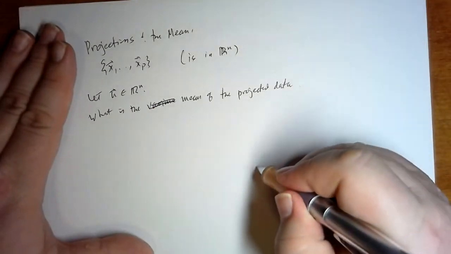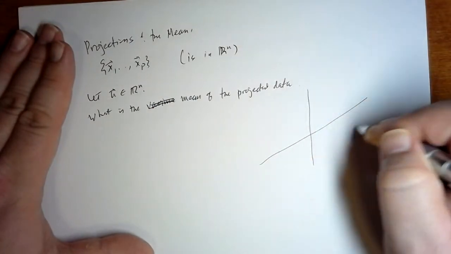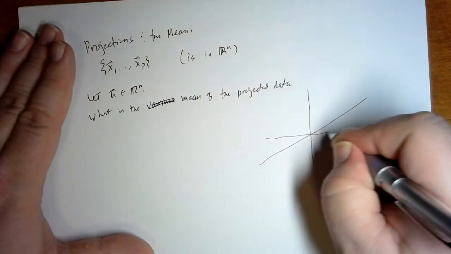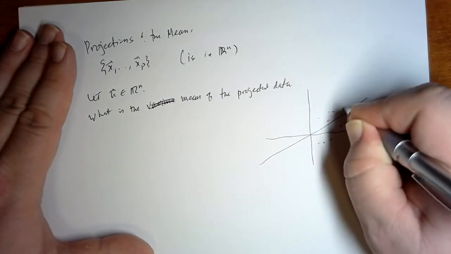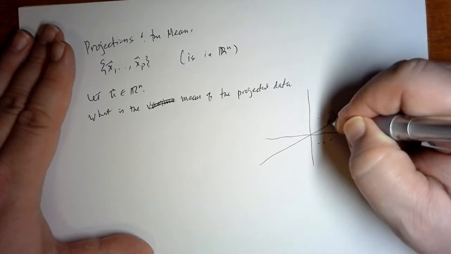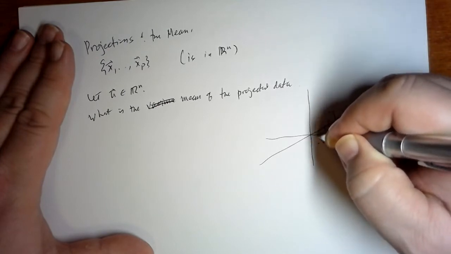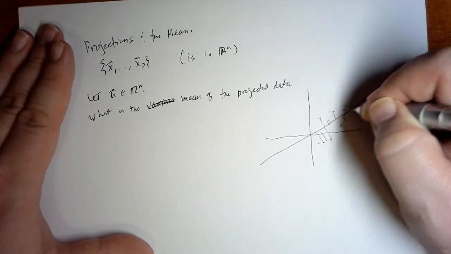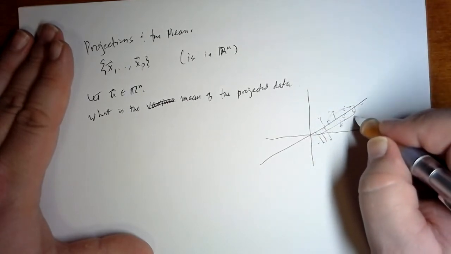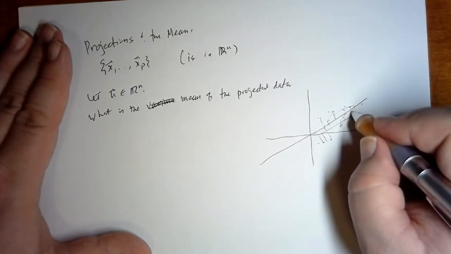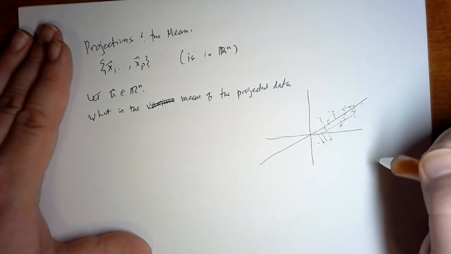Just in terms of a picture, if this is my vector u here, and I've got my data up here, and I project all the data down, then I want to take the mean of this data. But do I want to take the mean of the data in R2, or the mean of the data in R1?